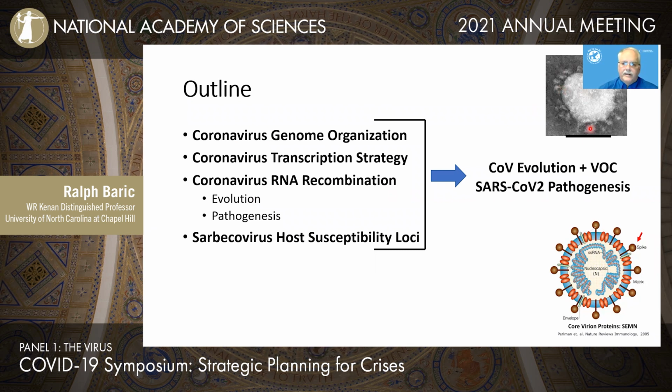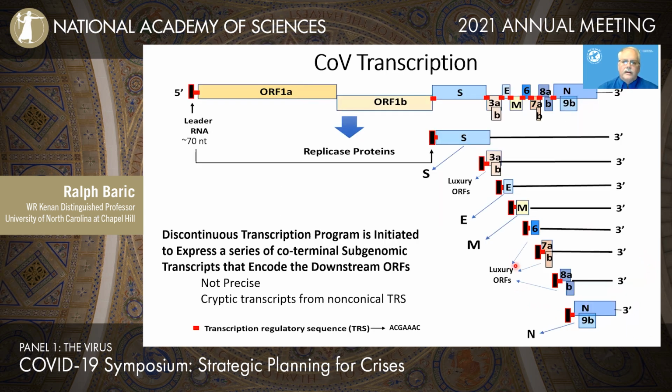And obviously, this is a coronavirus particle and a schematic diagram of the coronavirus, which today's talk will focus on. Now, coronavirus transcription is among the most complex of any of the positive strand RNA viruses, and the genome of the virus is about 30,000 nucleotides in length, roughly divided into two domains.